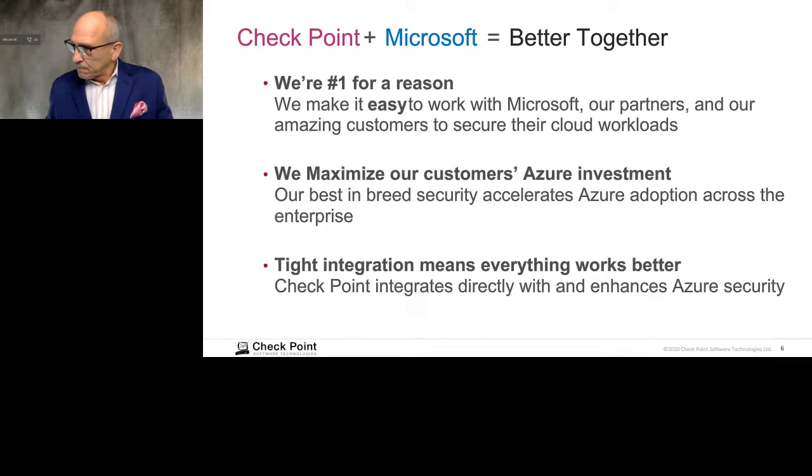And it enhances or makes the applications more sticky from a security standpoint. And so we have tight integration between the two companies, both at the PM and engineering levels, to make sure we're going to market, we're launching on Marketplace and direct to our channel partners the best-of-breed security solutions on the cloud.